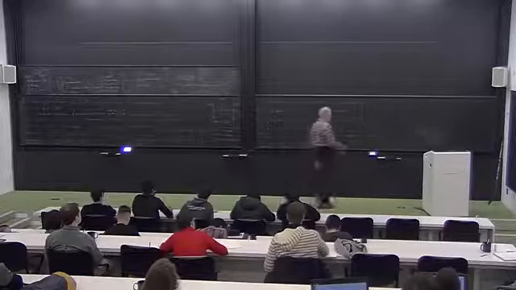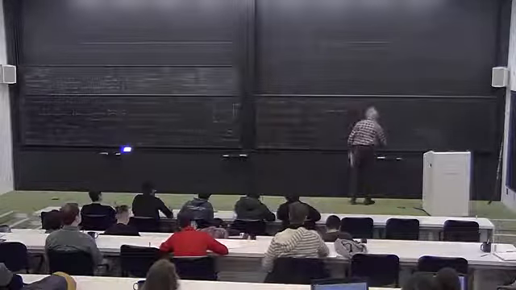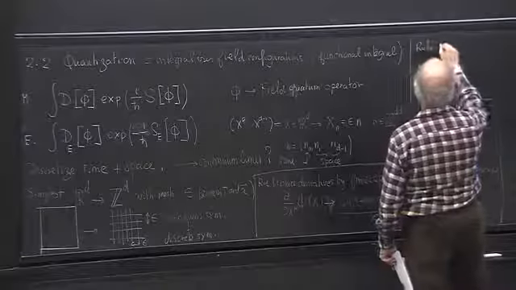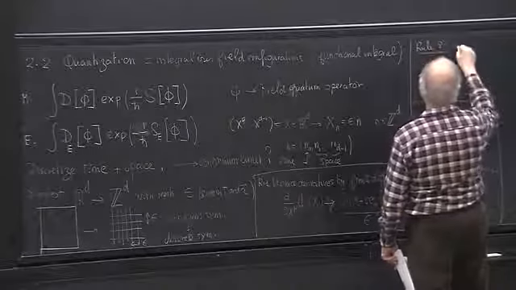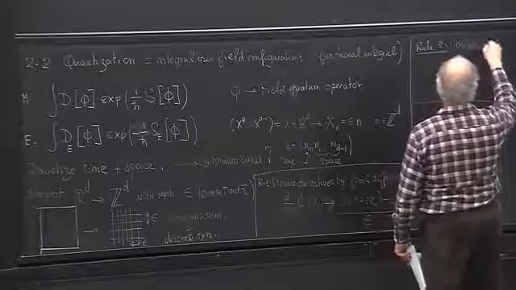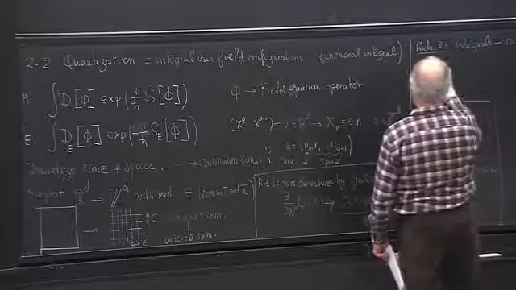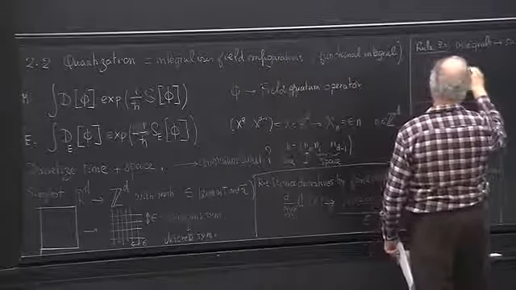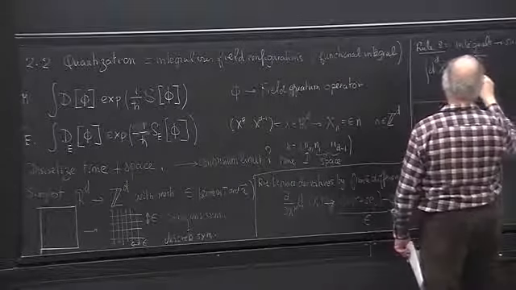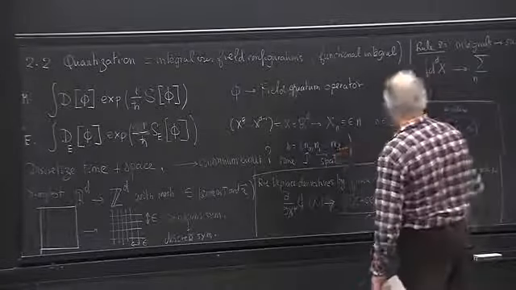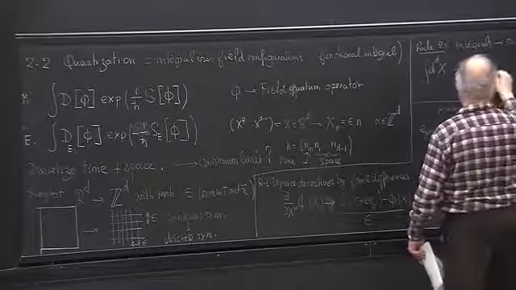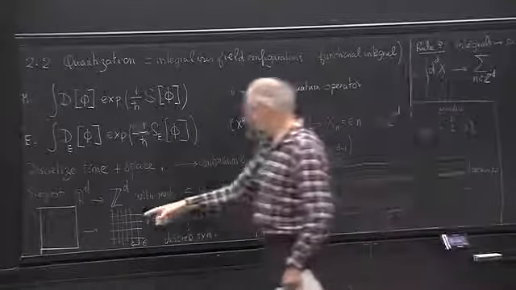So rule 2: integrals become sums. So the integral over d^d x becomes a sum over the vectors n belonging to Z^d, so a sum over points on the lattice.